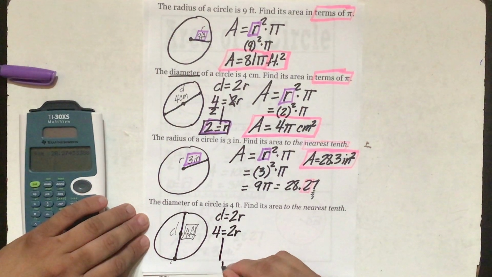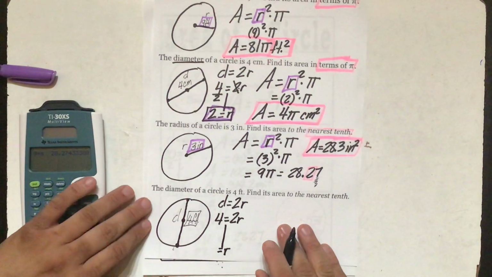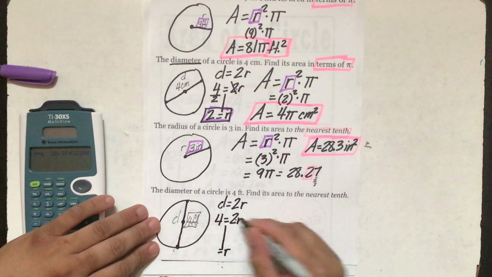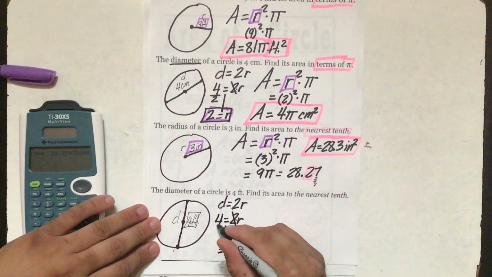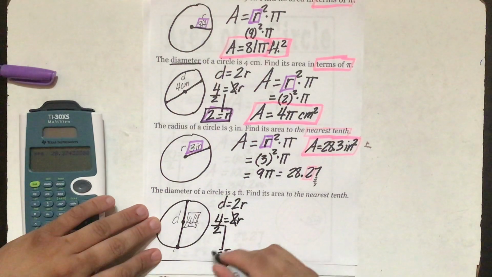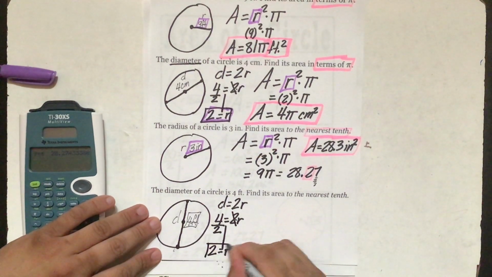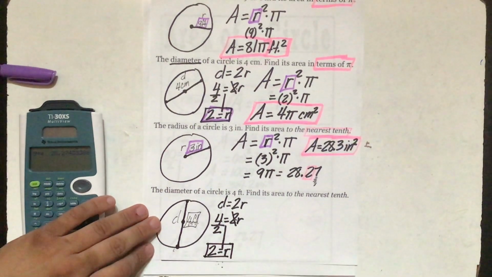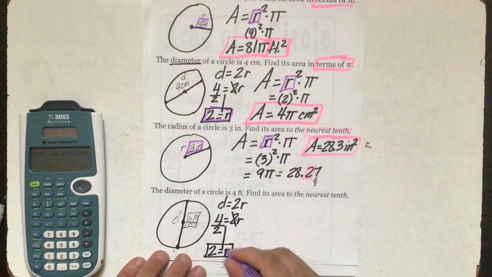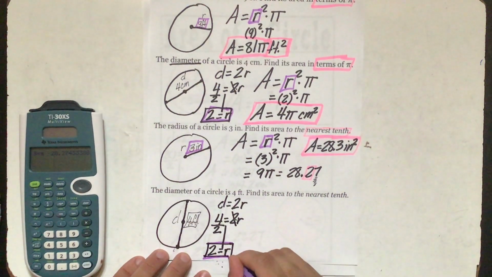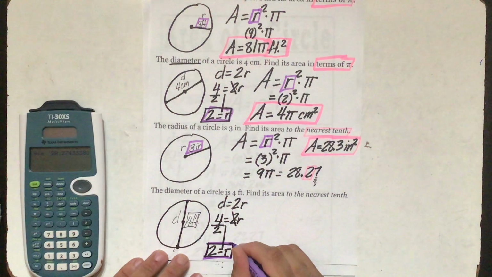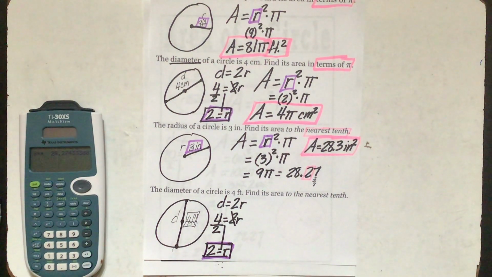Well, my goal is to get R by itself. So this is 2 times R, so the opposite of multiplying is dividing. 4 divided by 2 is 2. So that's my radius. I solved for R. And now that I have R, I can find my area.